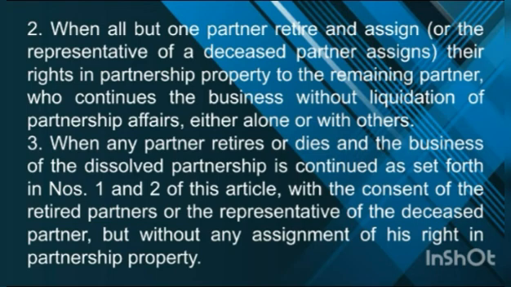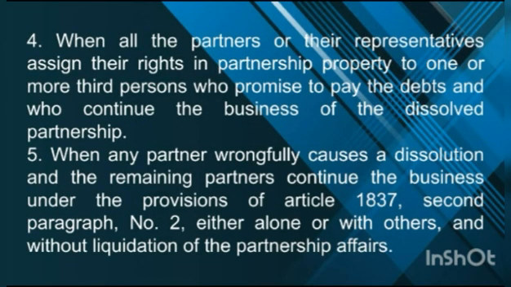Number 3. When any partner retires or dies and the business of the dissolved partnership is continued, as set forth in numbers 1 and 2 of this article, with the consent of the retired partners or the representative of the deceased partner, but without any assignment of his right in partnership property. Number 4. When all the partners or their representatives assign their rights in the partnership property to one or more third persons who promise to pay the debts and who continue the business of the dissolved partnership.